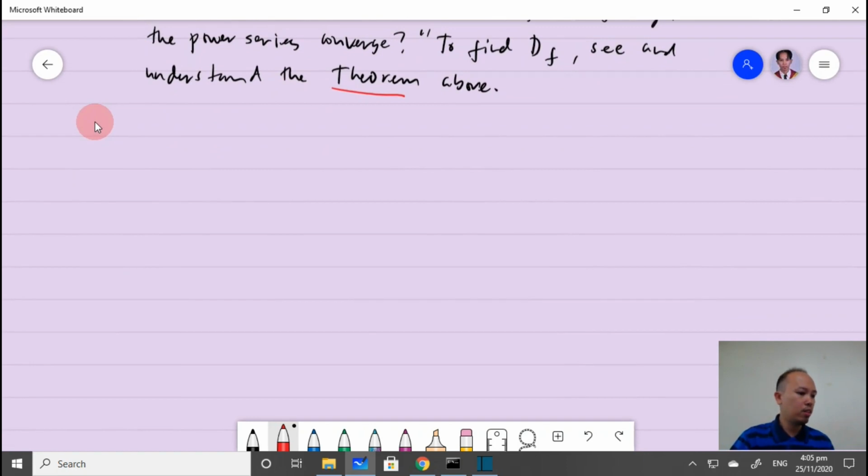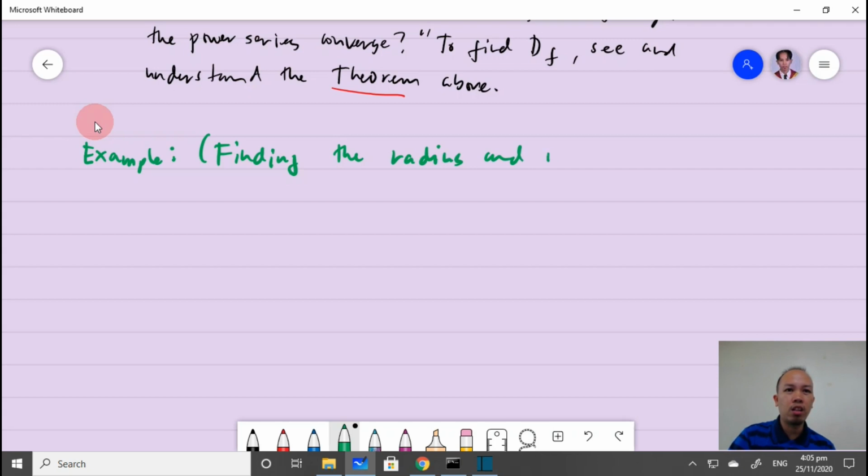This one, example number 1. We are going to find the radius and interval of convergence.